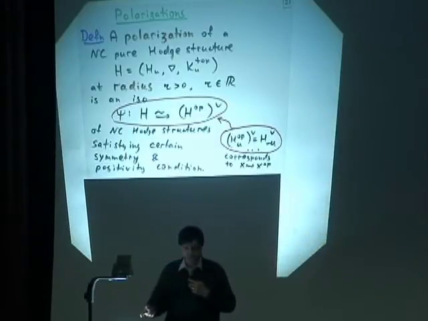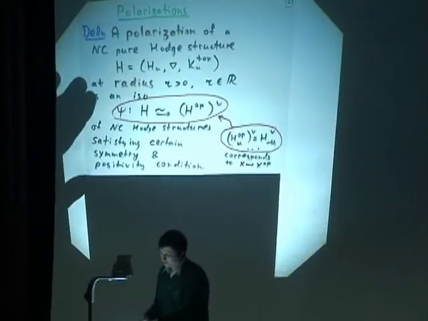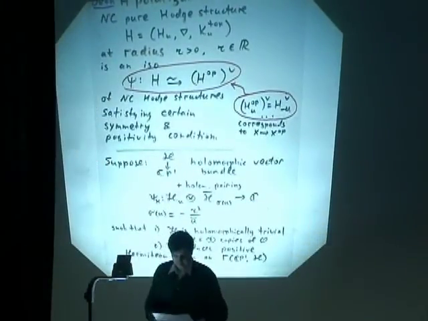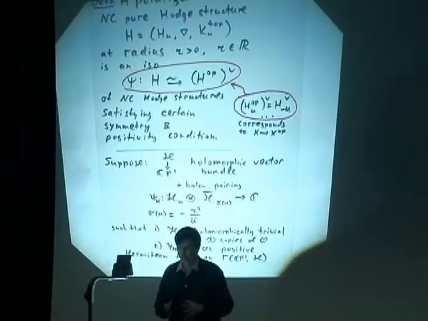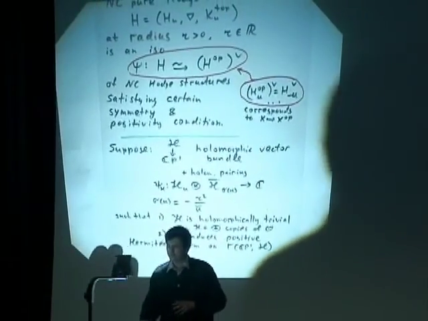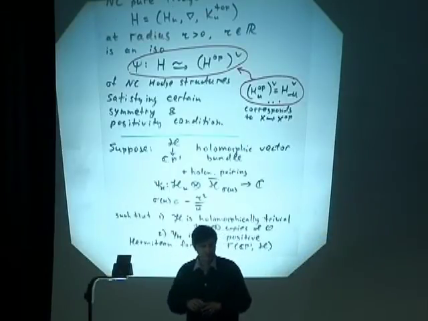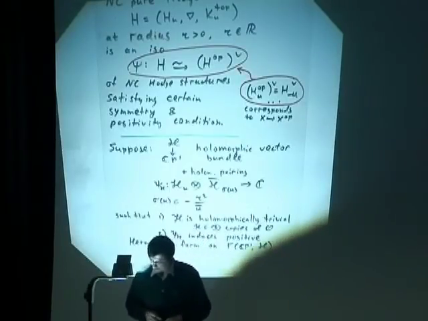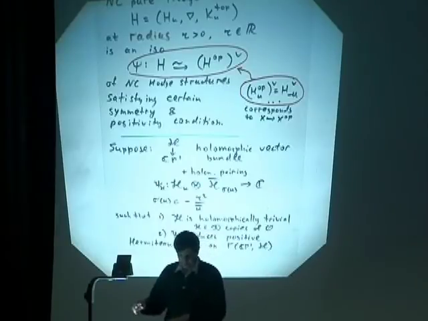This symmetry and positivity depends on radius. So it's close to this idea of Pierre, which Carlos Simpson explained. It goes to twistor bundles, but with an extra twist. Namely, suppose we have the following situation.